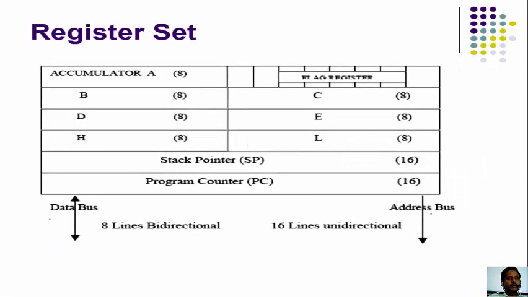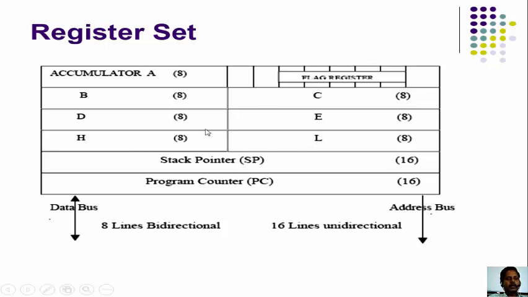This is about the register set. Here the bracket 8 indicates 8-bit capacity, 8-bit register. So here accumulator is of size 8-bit. B register, C register. So B register is paired with C register, D is paired with E register, H is paired with L register.